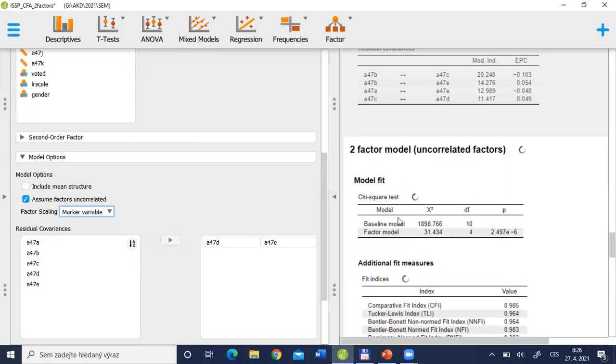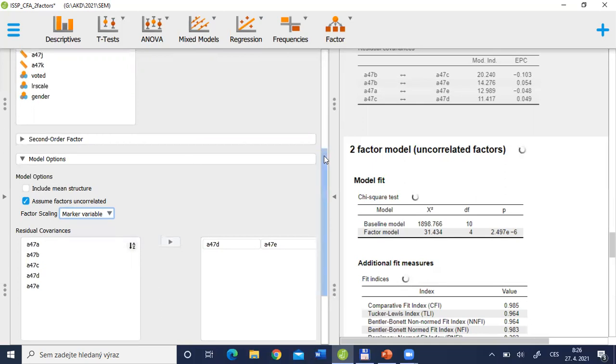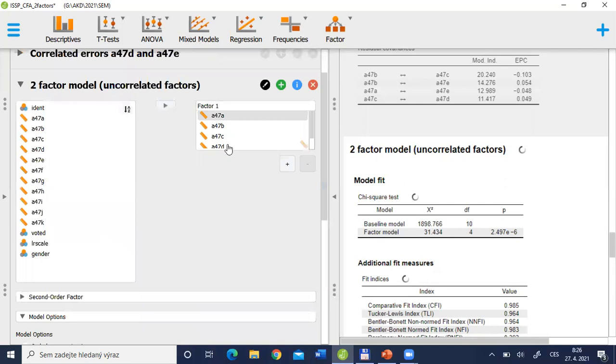And the next change is that I would add a second factor to my model. So I have here factor number 1. Maybe I can call it left-right. So I would type left-right. And if I would like to add one more factor for the next 6 items, I need to click on plus here, just under this list of variables, including the first factor. And I can once again assign the name.